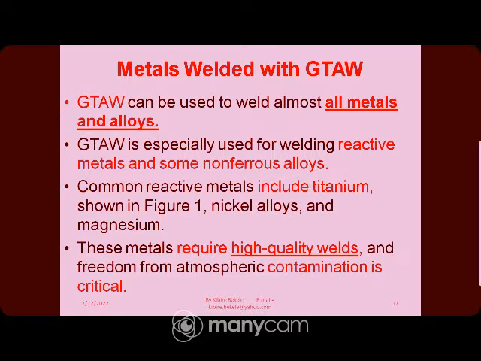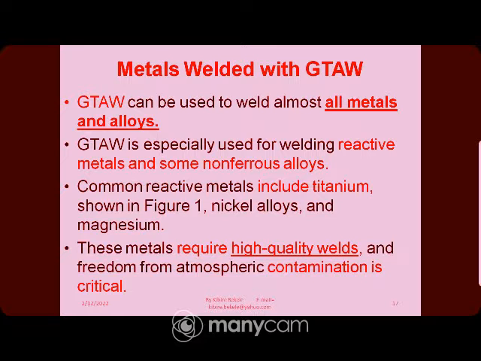The next point we are going to discuss is the metals welded with the gas tungsten arc welding process. What are the metals? This means why you select the gas tungsten arc welding process, and where to use it.